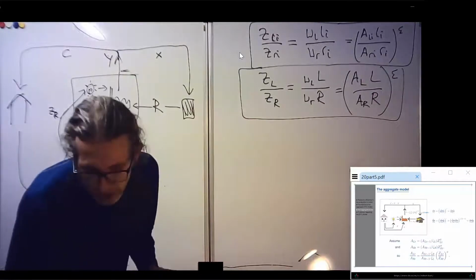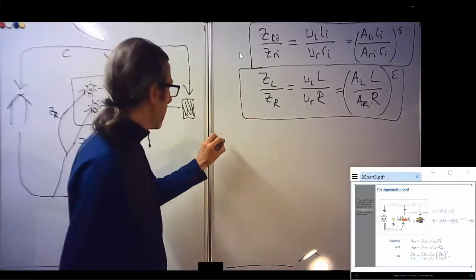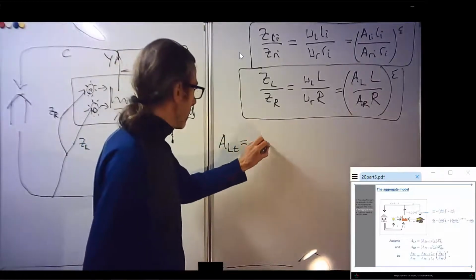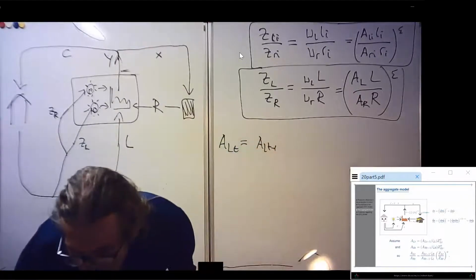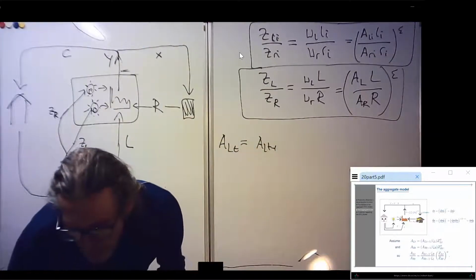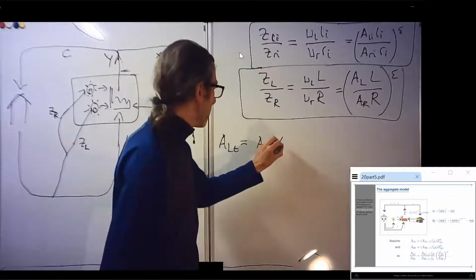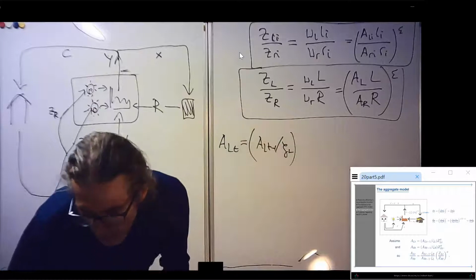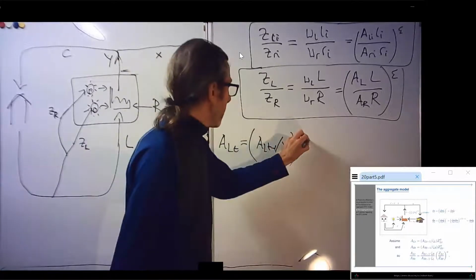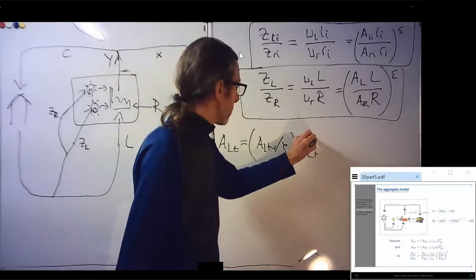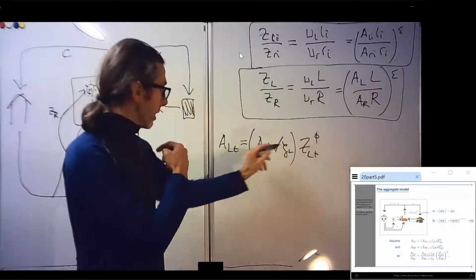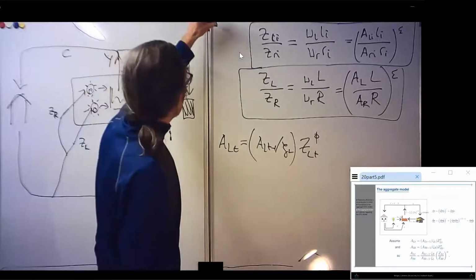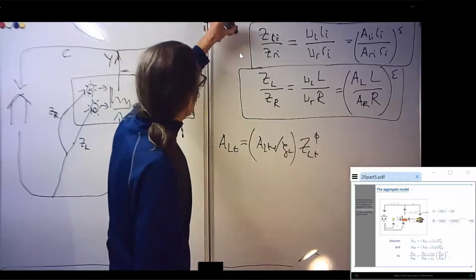So what have we got here? ALT is ALT minus 1 to the power 1 over zeta L, times ZLT to the 5. This is at the aggregate level, but we could have also had it at the firm level. This wiggly thing is zeta.